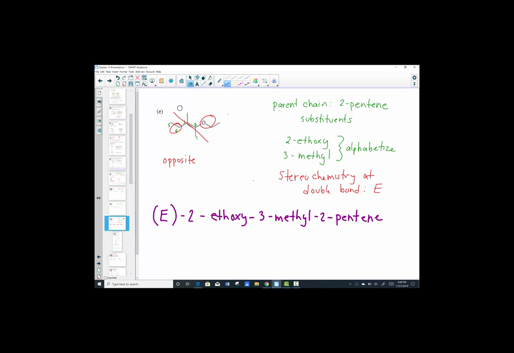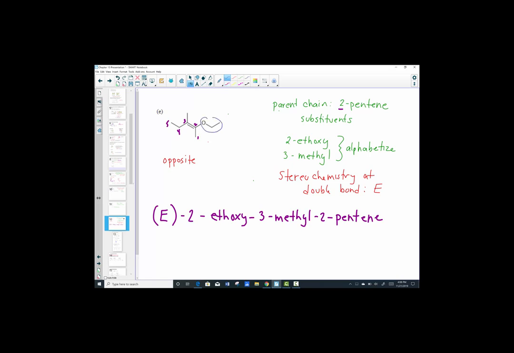With this particular structure, maybe I'll erase this and we can talk through this together. You found the longest parent chain to be an alkene, and when you numbered, you found that to be a 5-carbon chain. At carbon number 2, you saw an ene, the double bond. So now I'm noticing the parent name will be 2-pentene. There were 2 substituents.